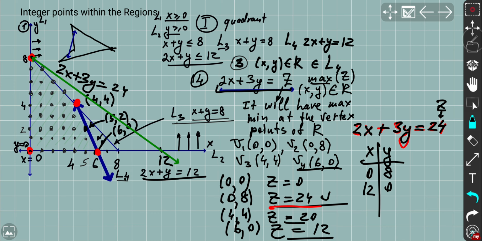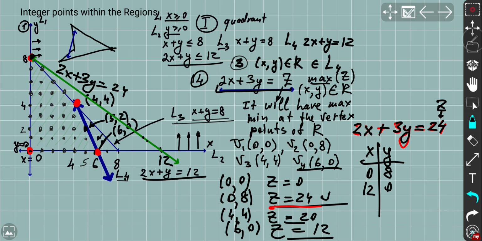And as we can see, it has only one common point with the region where the maximum value occurs. If you take any other points on the line, that will also give 24 for z, but they're actually beyond the region. So that's why we have only one common point of this objective function with the value 24 with our region.